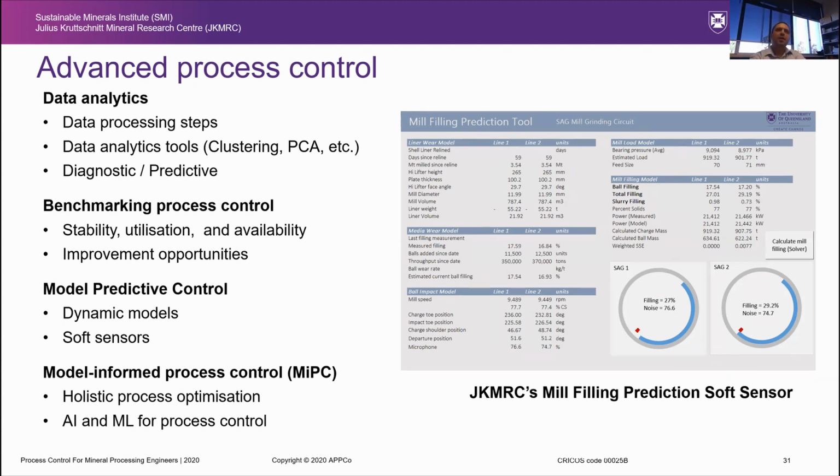We're going to cover aspects around data analytics, benchmarking process control, and how to design model predictive controls, touching on soft sensors, and also advanced control around model-informed process control and the role of AI and machine learning in process control. So these are some of the aspects that we're going to cover in our 4-day course, as well as in our next webinar.